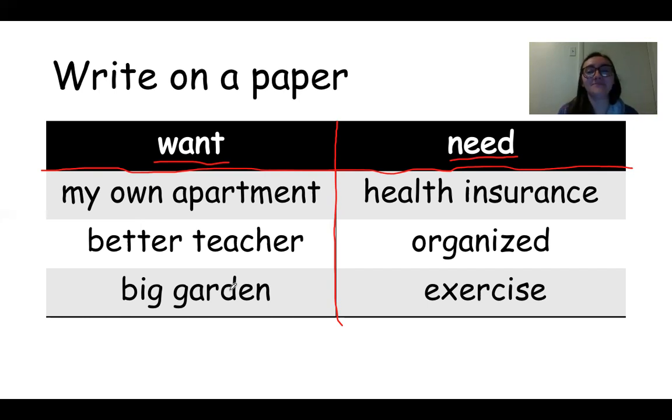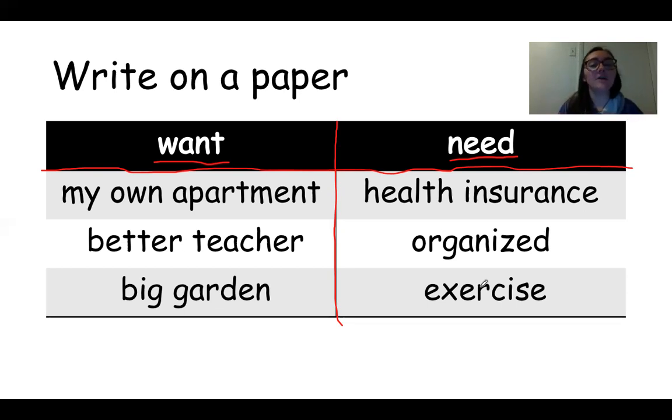So just remember that when you write a want, it's something that you don't need, something that is not important for you to survive. Needs are important to survive, meaning usually, you know, food, water, a place to sleep, but also you can consider or think of a need that is something that helps you with your job. Maybe you need a different job.